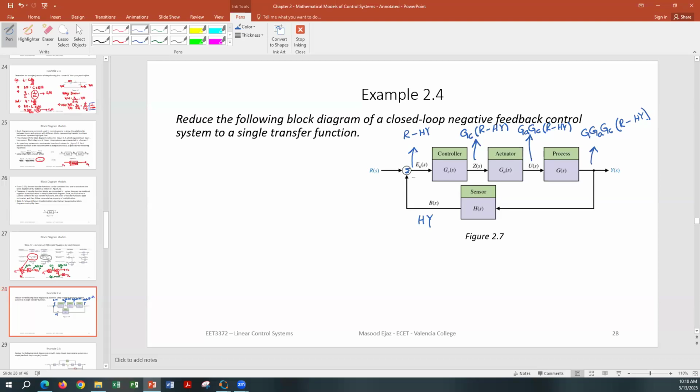That expression is the expression for the output of this system, which is Y(s). So if we want to write down the output expression for this system, Y(s) is equal to G(s) GA(s) GC(s) times (R(s) minus H(s) Y(s)).